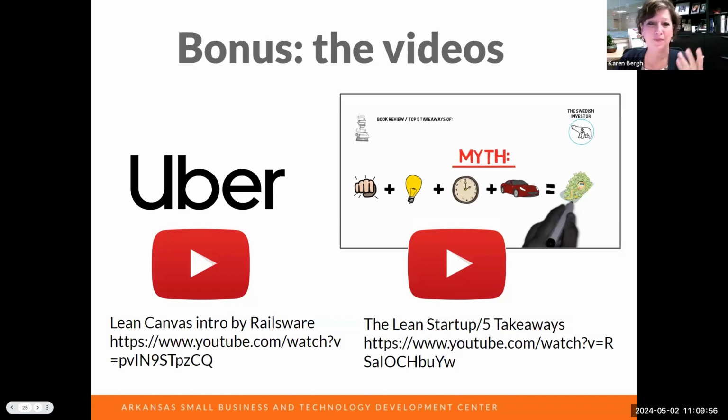I wasn't even sure it was a real person, but it's very helpful, very short, and actually through the course of the 8 minutes, the animation fills out each of the blocks in the Lean Canvas for Uber. So it's a great example of a familiar product or service, to show what their Lean Canvas looks like.